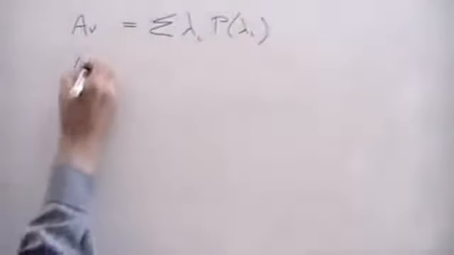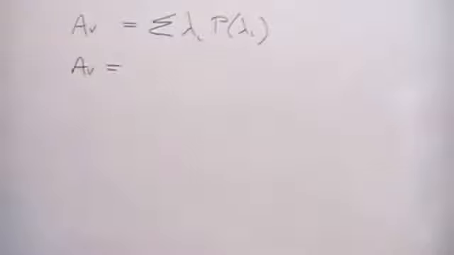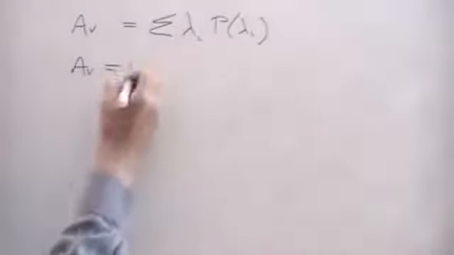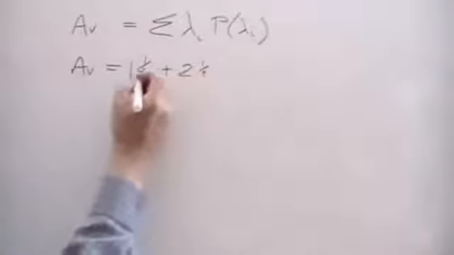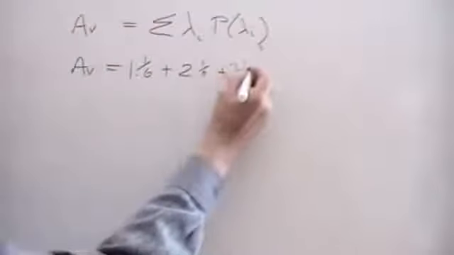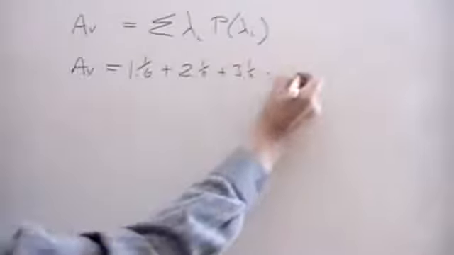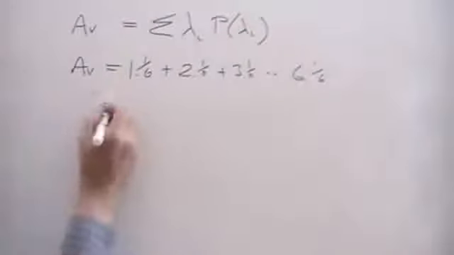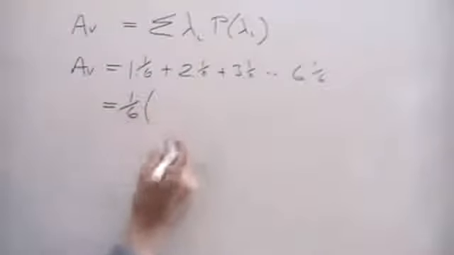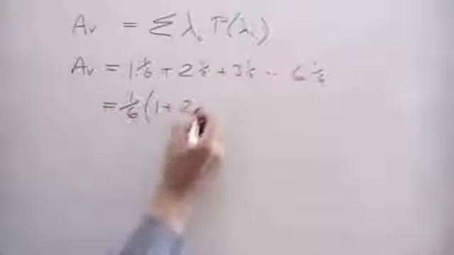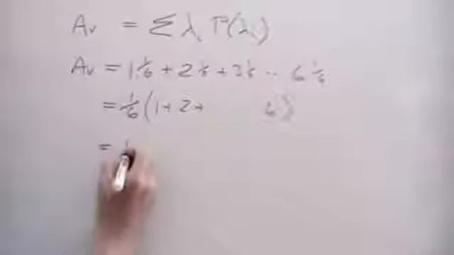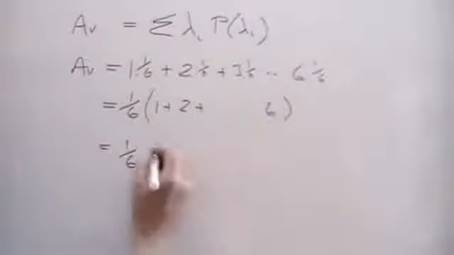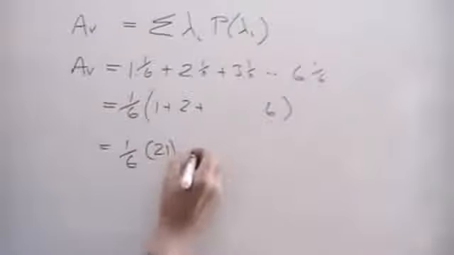So what we're saying here is that the average will be equal to the number 1 times 1/6 plus the number 2 times 1/6, these are multiplies, plus the number 3 times 1/6, and so on right the way to 6 times 1/6. And that of course is just 1 over 6 into 1 plus 2 plus 3 plus 4 plus 5 plus 6. This comes to 21, and 21 over 6 is 3.5.